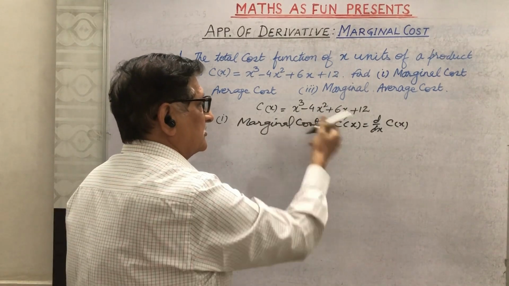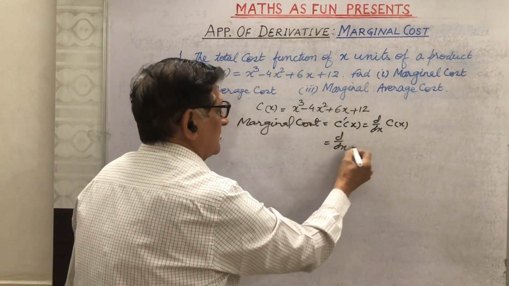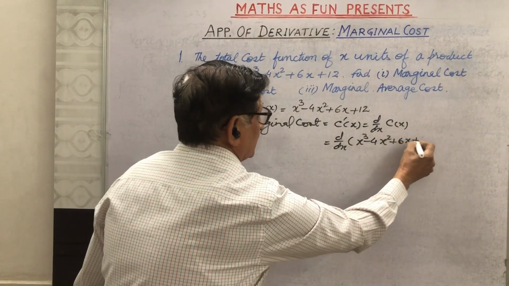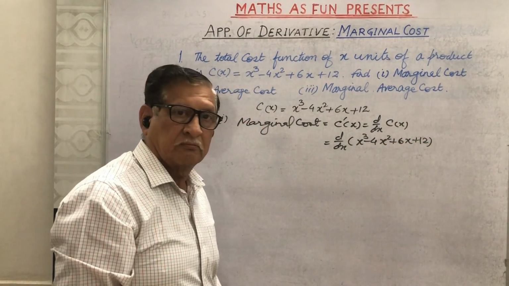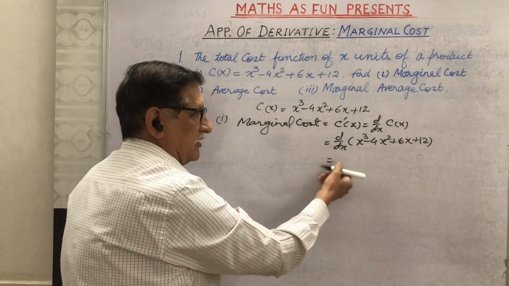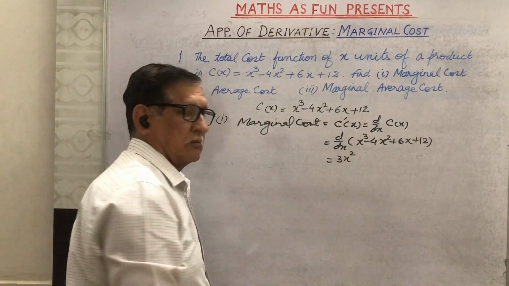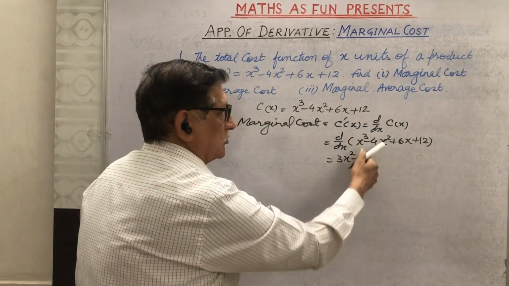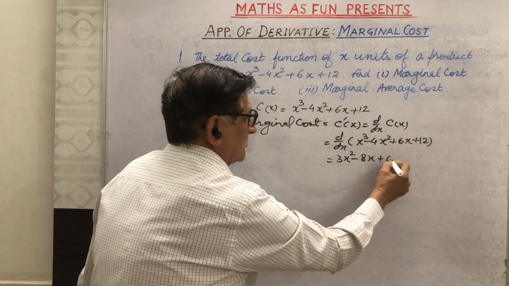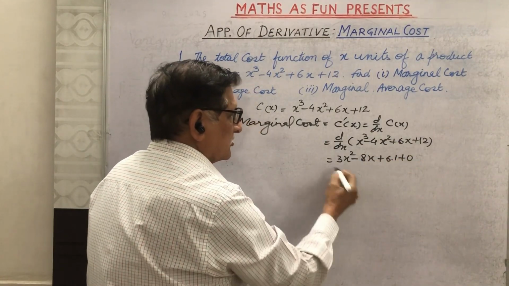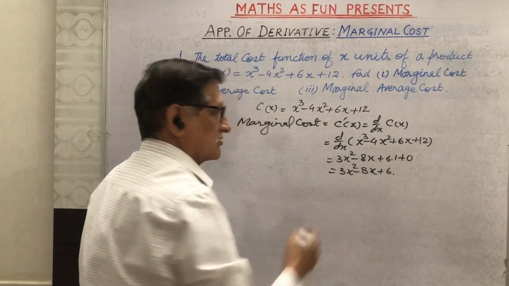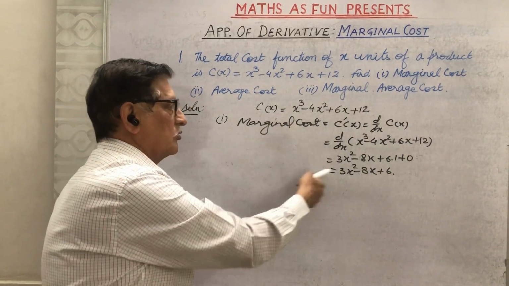If we differentiate d by dx of x cube minus 4x square plus 6x plus 12, d by dx of x cube is 3x square, minus 4 into 2x, that is 8x, plus 6 into 1, plus 0. So it comes as 3x square minus 8x plus 6. This is the marginal cost function.